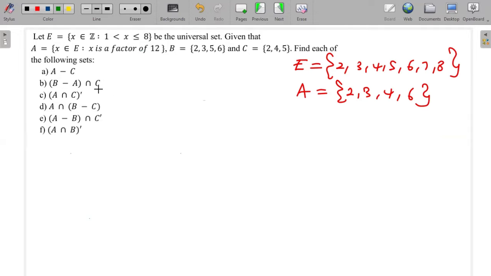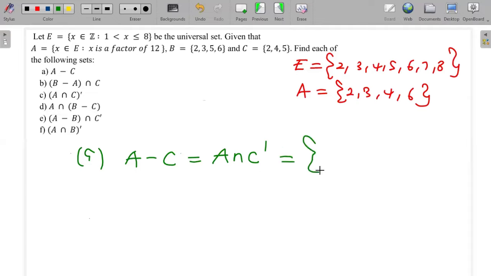Okay, so the first one now they're saying find A minus C. So how can you find A minus C? In the other class I said A minus C is the same as A intersection C complement. But again, you can interpret it in this way. If they want you to find A minus C without even finding the complement, you can still get the answer.